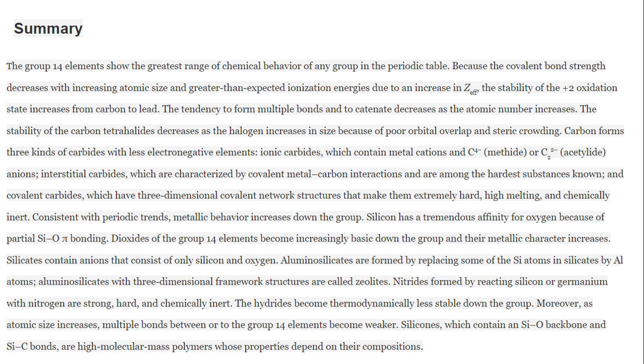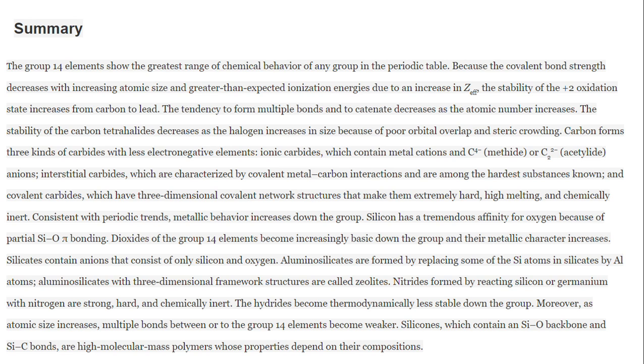steric crowding. Now, carbon forms three types of carbides with less electronegative elements: ionic carbides, which contain metal cations, and methanide or acetylide anions; interstitial carbides, which are characterized by covalent metal-carbon interactions and are among the hardest substances known; and the third type, covalent carbides, which have three-dimensional covalent network structures that make them extremely hard, high melting, and chemically inert substances.